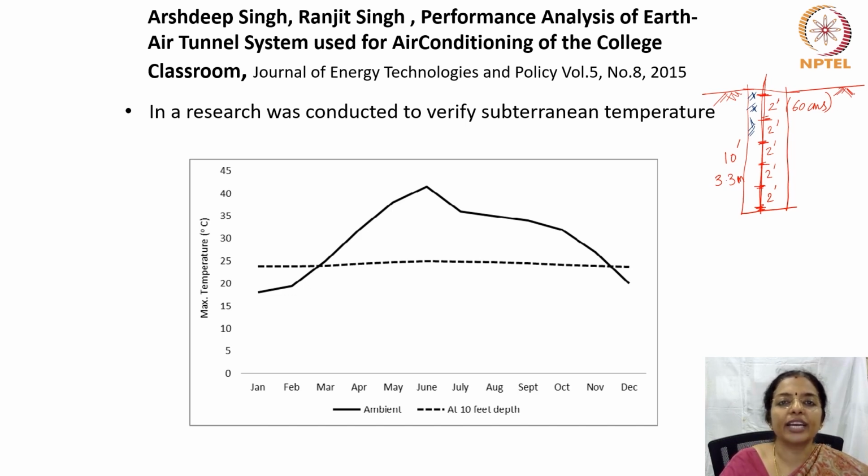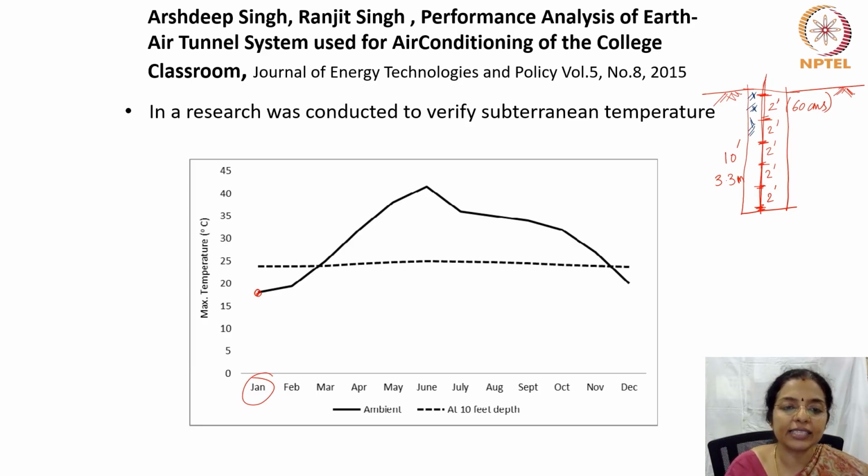Small changes were ignored, and then they made a plot between atmospheric temperature and the optimum underground temperature. And this is what they found. The ambient temperature is actually the maximum day temperature that is recorded, averaged over one whole month. So if you take, say, the month of January, they plotted the average of the maximum daytime temperature.